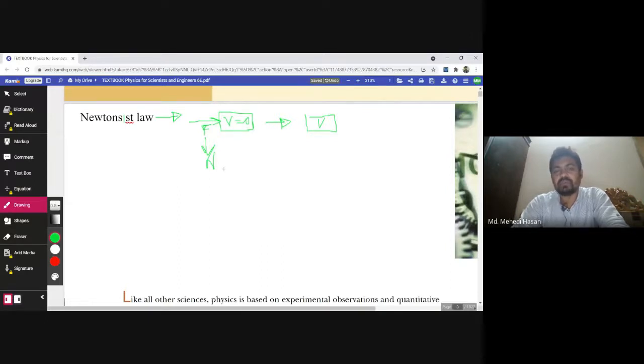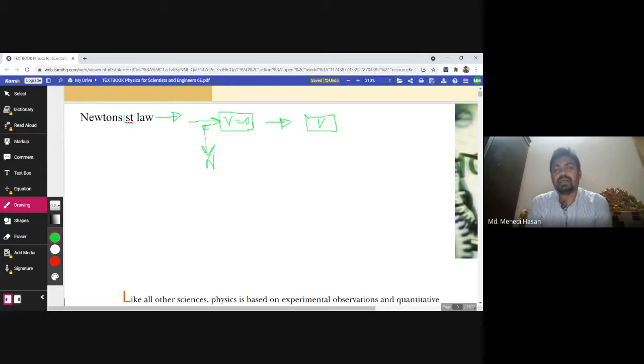So if you consider Newton's first law, the first law is: if no external force is applied on an object, then the object will remain in its motion, either in a particular motion or stationary. If the object is stationary, then it will remain stationary, or if the object is moving with a certain velocity, then it will move with that velocity forever. So this is Newton's first law.